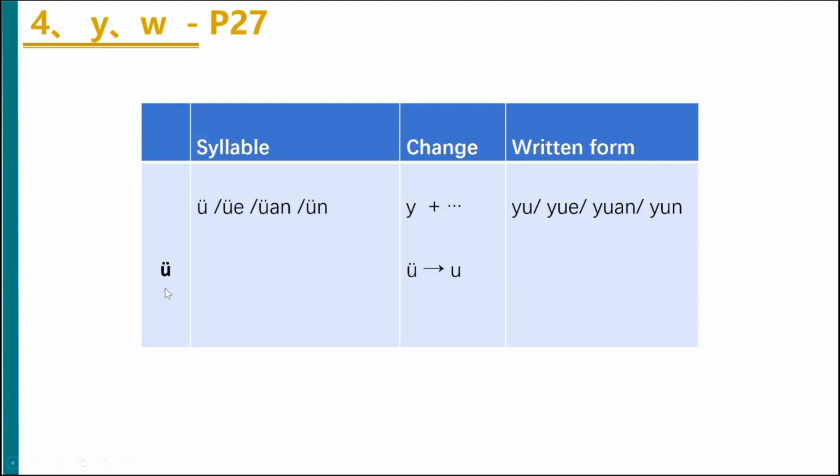This letter originally sounds like ü, and after this change, it still sounds like ü, right? Because only the written form changes. It doesn't sound like you because here is u. It's only changing the written form, but not the sound system.